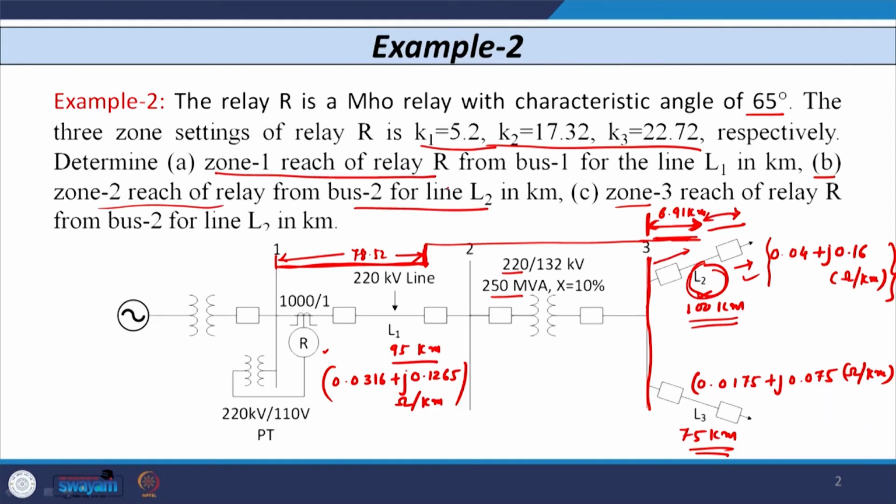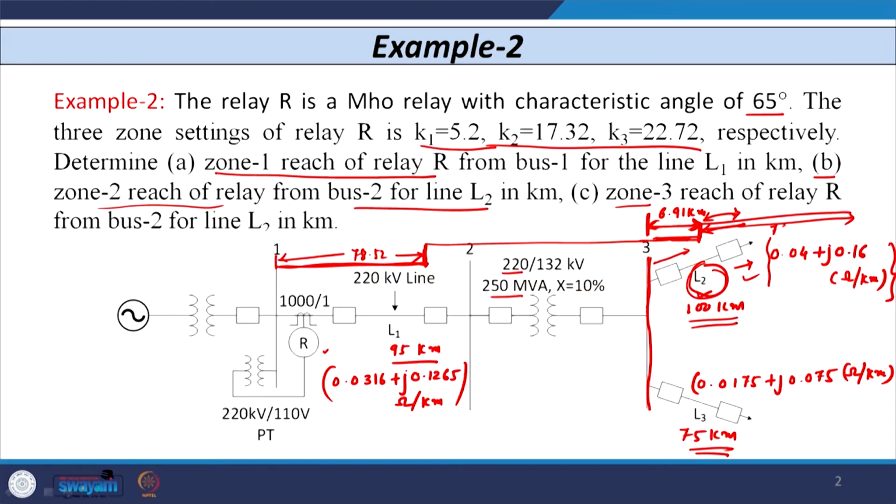So, if I just refer to the figure, then the zone 3 reach of this relay R, if I consider from here, will go from this point, and you see the length of this line L2 is 100 kilometer. So, this will go from this point 75.8 kilometers.